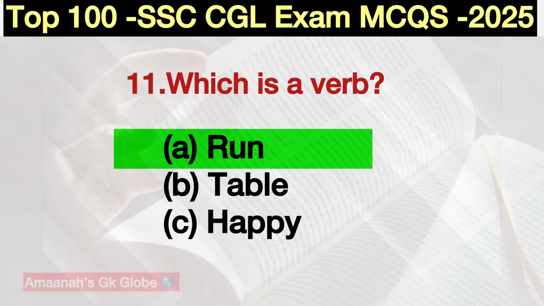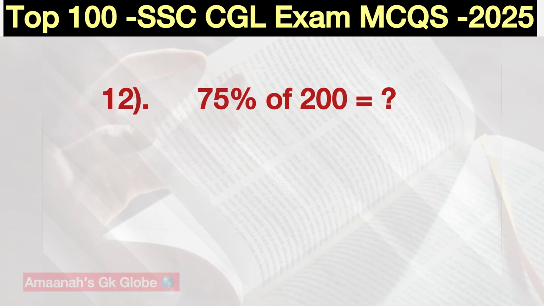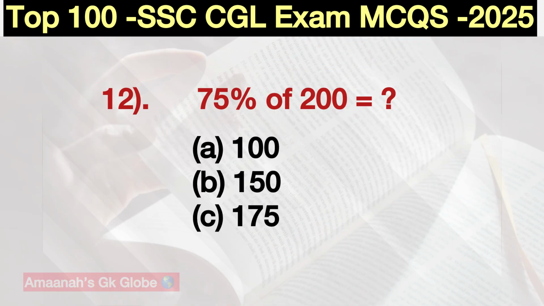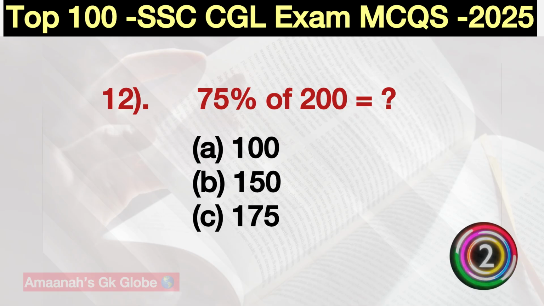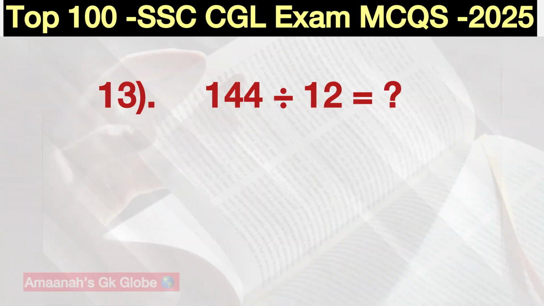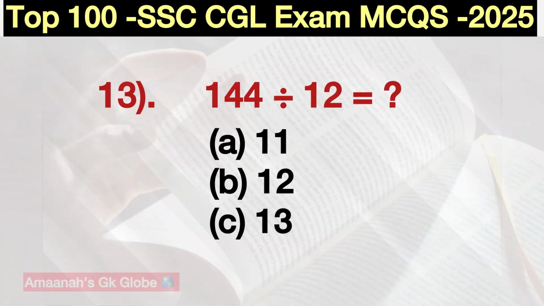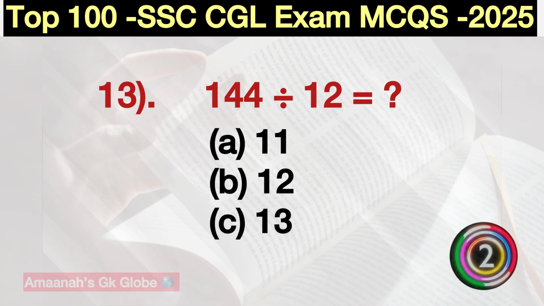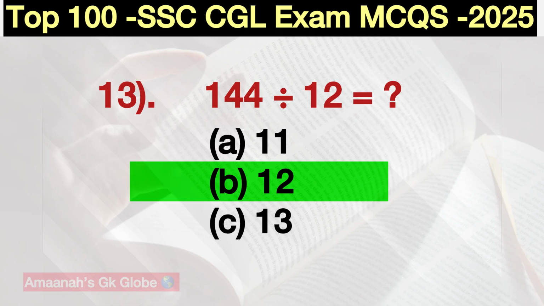Right answer is option A, run. Question number 12. 75% of 200 is equal to. Option B, 150. Question number 13. 144 divided by 12 is equal to. Option B, 12.